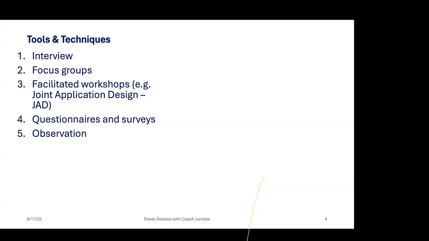Or you can also use facilitated workshops. An example of that is joint application design. Joint application design, or JAD, encourages collaboration. That's just it. Collaboratively people will come together to be able to identify what the requirements of the project is.